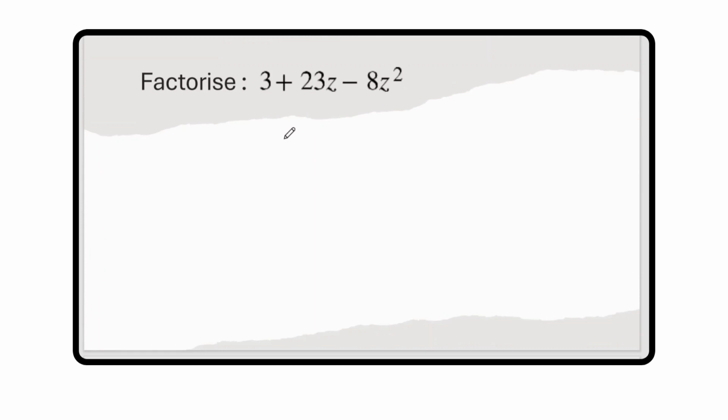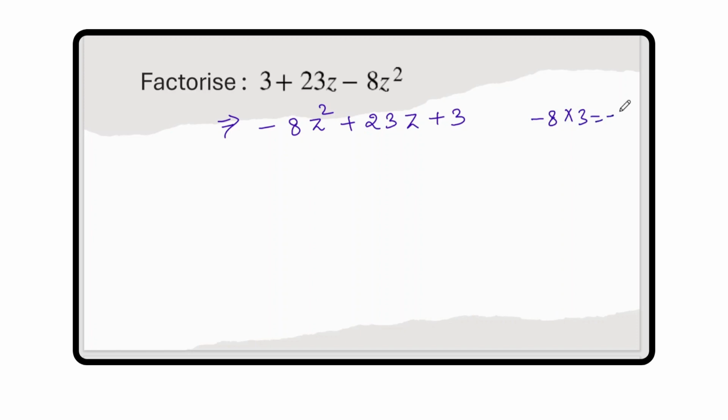3 plus 23z minus 8z square. So how will you write this? First we have to arrange the terms of the polynomial. So we can arrange it as minus 8z square plus 23z plus 3. Now you multiply the coefficient of z square, that is minus 8 into 3.